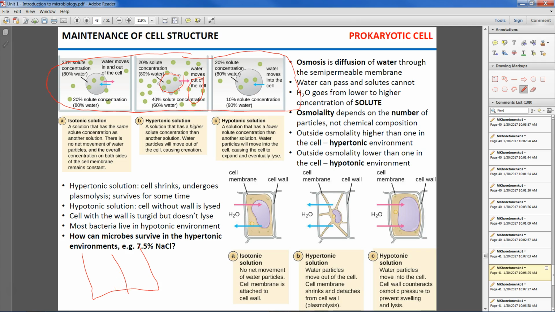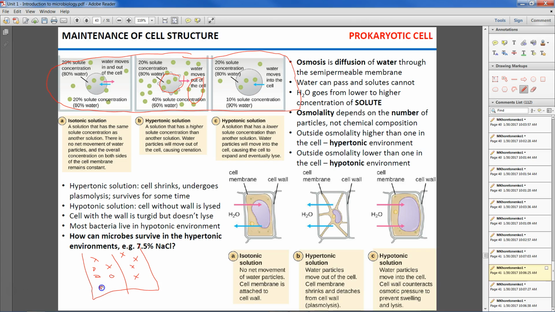And I don't know how to change colors. So these little crosses are the water molecules. We have 2 of them on the left and 4 of them on the right. Okay? Follow me? The circles are the solute molecules.